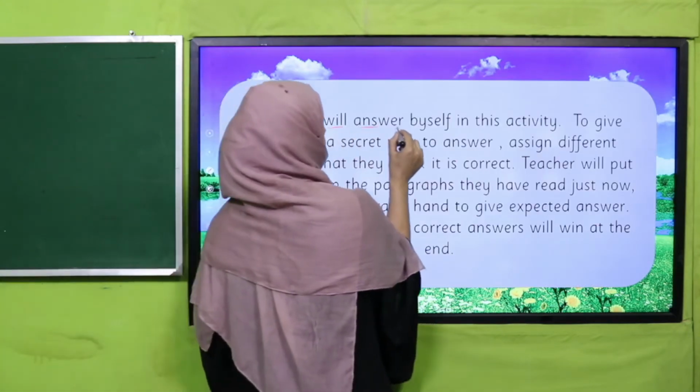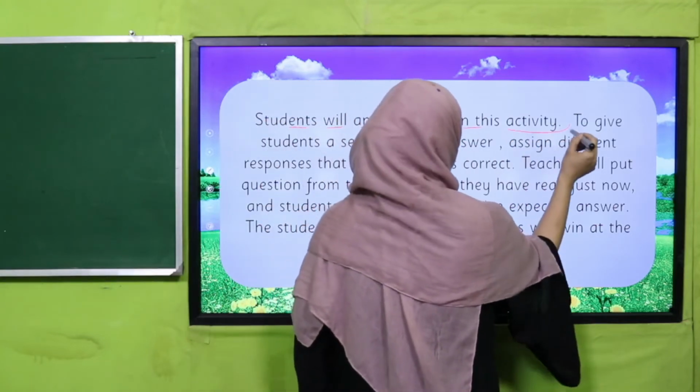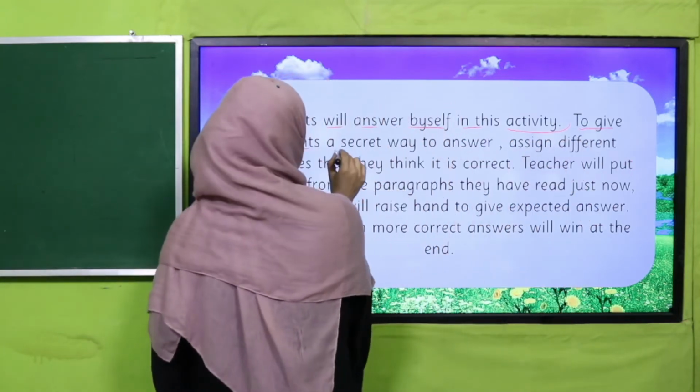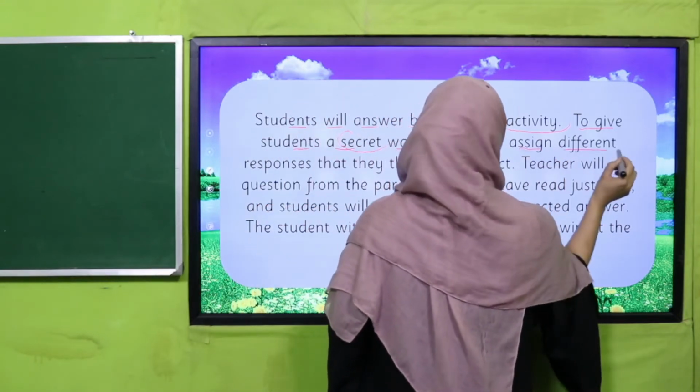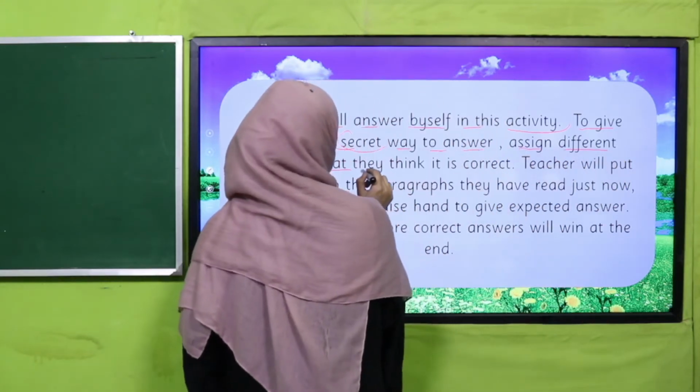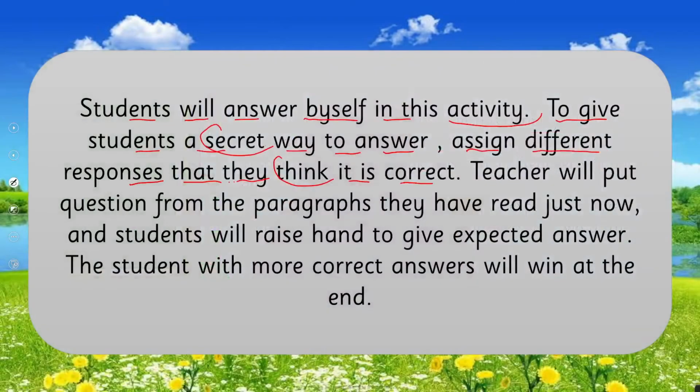Students will answer by themselves in this activity. To give students a secret way to answer, assign different responses that they think are correct. The teacher will put questions from the paragraphs they have read just now, and students will raise their hand to give the expected answer.